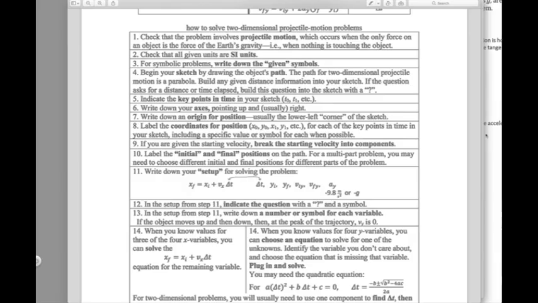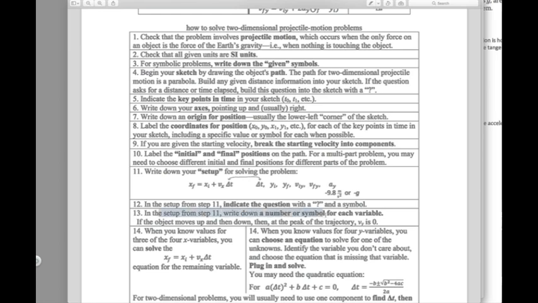When we know the initial vertical coordinate, we'll have the answer to the question. So I'll put a question mark here to show that this is what the question is asking us for, and then I'll write down the specific symbol we're going to be using for that in this problem. So we indicated the question not just with a question mark, but also with the specific symbol that we're trying to solve for in this problem, which was h.